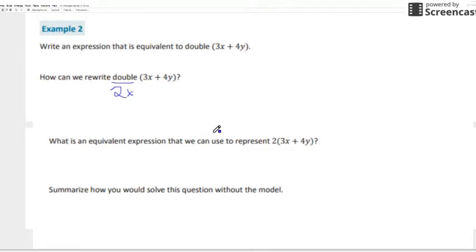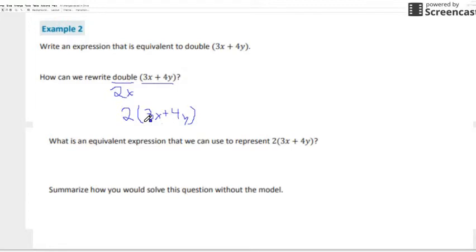Based on what we talked about in the previous lesson, we're going to double this, so we're going to multiply it by 2. So 2 on the outside, and it's going to say 3x plus 4y. This is doubling it.